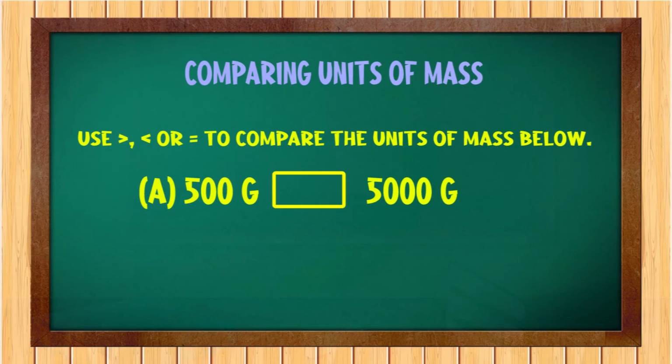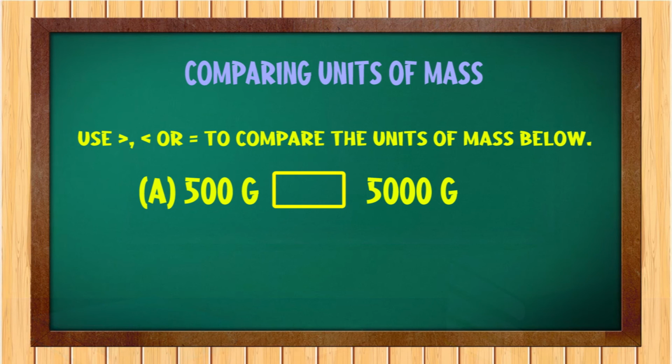The first example is 500 grams is more than, less than, or equal to 5,000 grams. Well, boys and girls, on one side we have 500 grams and on the other side we have 5,000 grams. Both of those weights are in the same unit, which is gram.